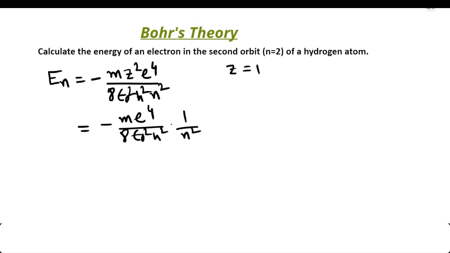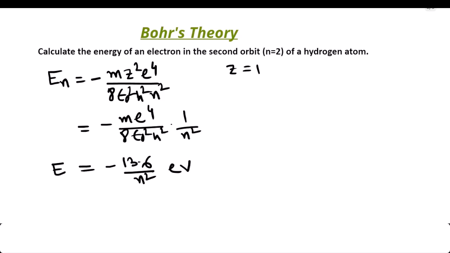Now we know that m is the mass of the electron, e is the charge of the electron, epsilon 0 is the permittivity of free space, and h is the Planck constant. If we put all the values of these constants and convert the joule into electron volt, then we can write this as minus 13.6 divided by n square in electron volt.